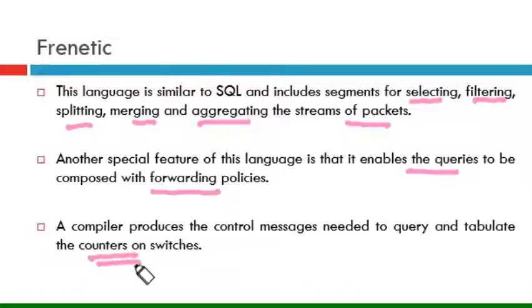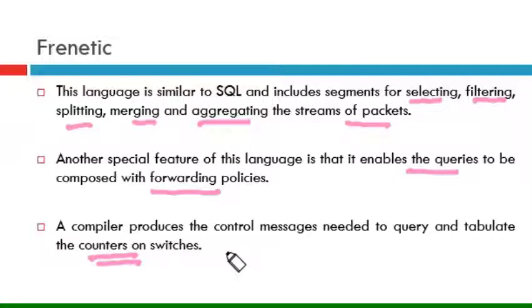Students, we discussed the counters on the switches in lecture number 4. A counter is updated for matching packets in that particular flow. So a set of counters in a switch tracks the number of bytes and packets.